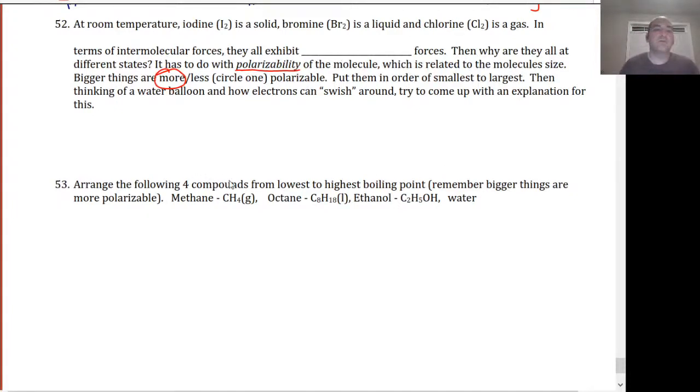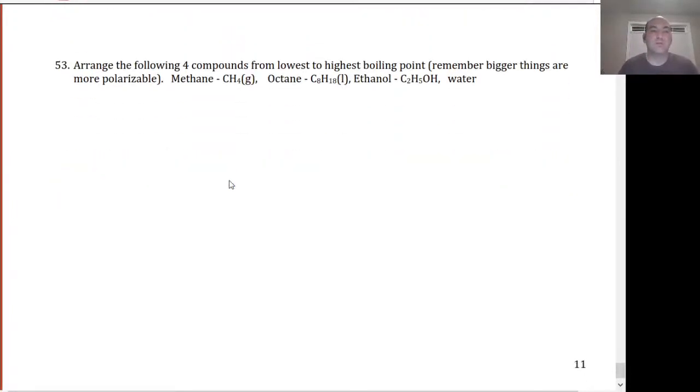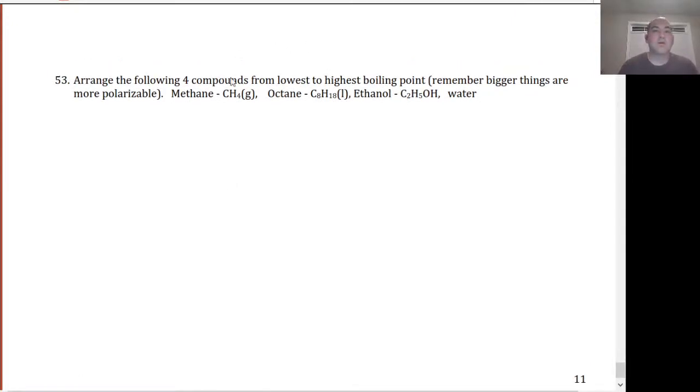So then if we move on to this example 53, this is the last thing we'll do tonight, where it gets a little bit trickier because we have two molecules, methane and octane, which are both primarily controlled by dispersion forces.